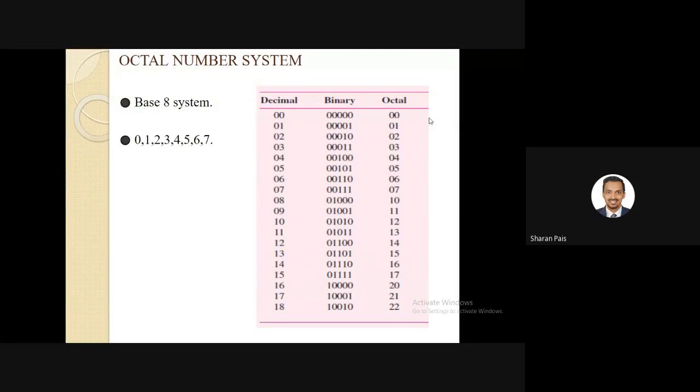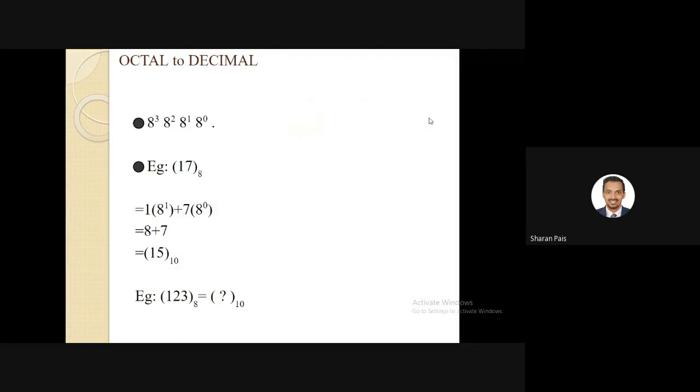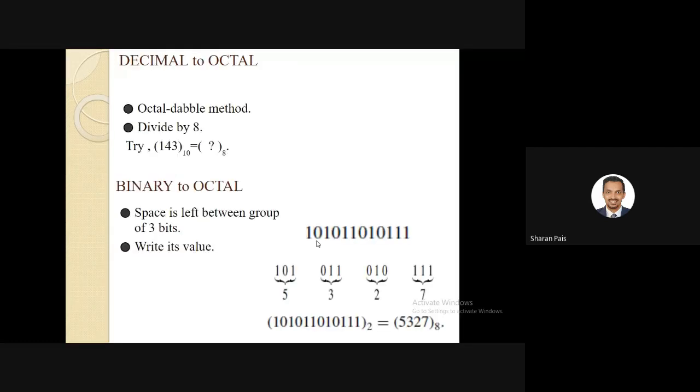Octal number system. So position values and all those things. 8, 4, 0, 1, 2, 3, all those. Decimal to octal, how to convert: divide that by 8, then whatever remainders you have, you consider.